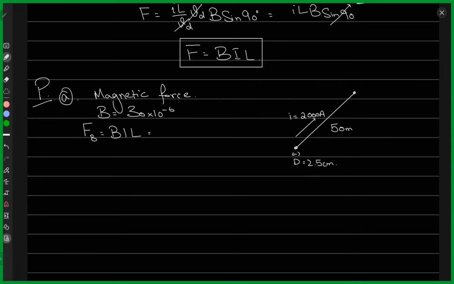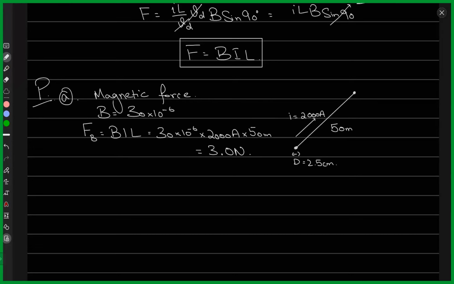Now it's just straightforward. You just put in the values: 30 times 10 raised to the power minus 6, times 2000 amperes, times L as 50 meters. Due to the Earth's magnetic field, there would be a magnetic force of 3 newtons exerted on this wire.